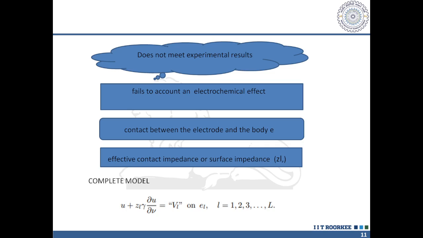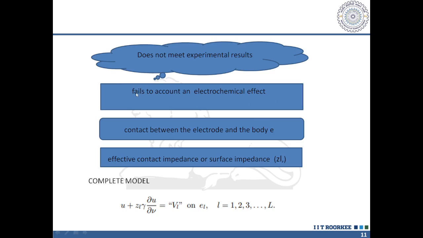So we have told you the earlier equation does not meet the experimental result. What have we neglected, what are we missing, that makes our equations not match the exact experimental data?